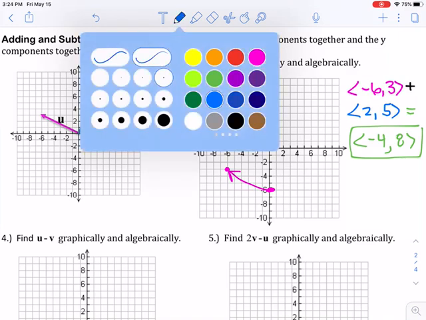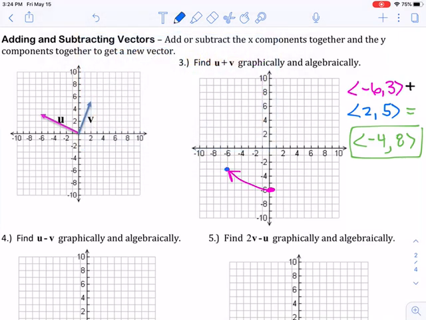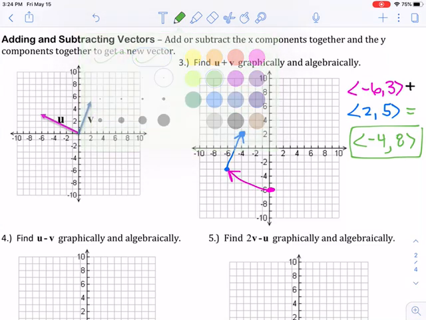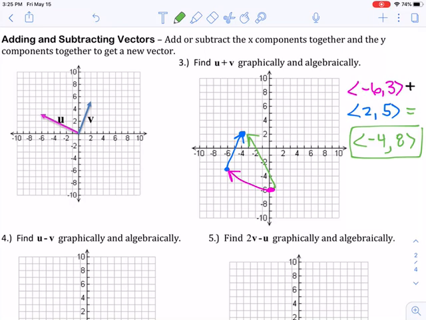Then I want to add onto it, so onto the end of vector u, I'm going to add vector v, which goes forward 2 and up 5. 1, 2, 3, 4, 5. And my resulting sum is how do I get from start to finish? When I graph that in, I can see that I went back 4 and up 8.